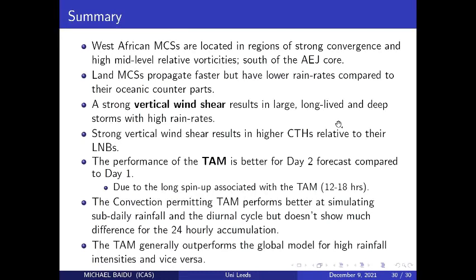Compared to when you initialize the model at 0600, the sun is already beginning to rise, so the model easily adjusts to the real situation quickly. And that is the reason for this long spin-up.